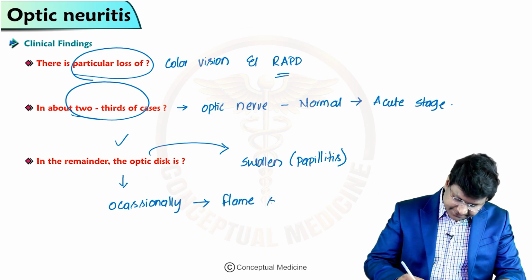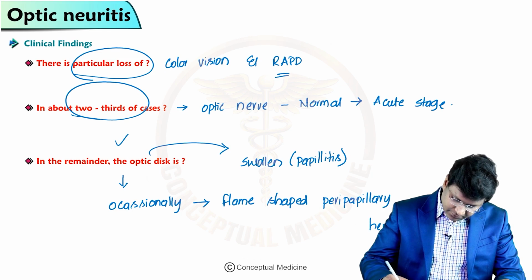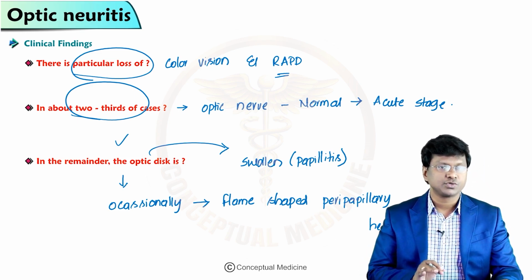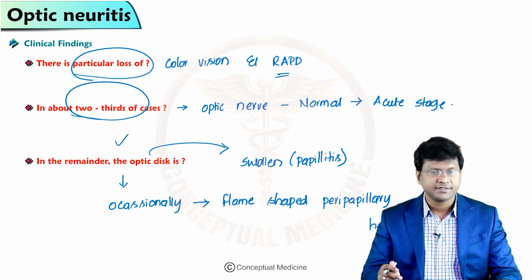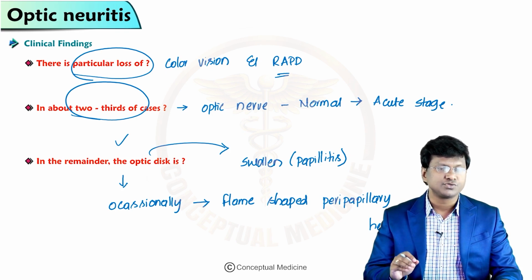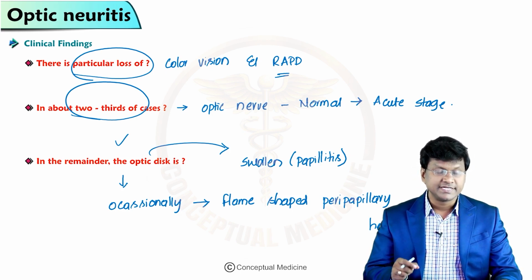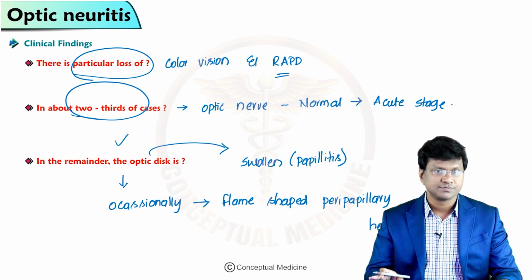So the clinical findings are loss of color vision and a relative afferent pupillary defect. In about 2/3 of cases, the optic nerve is normal during the acute stage, and in the remainder, the optic disc is swollen, that is called papillitis, with occasional flame shaped peripapillary hemorrhages.